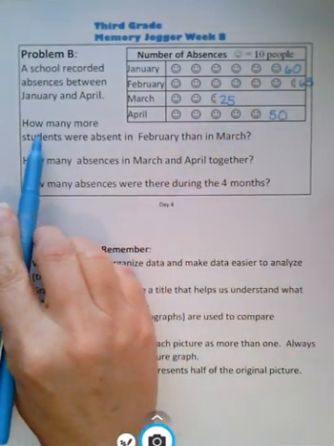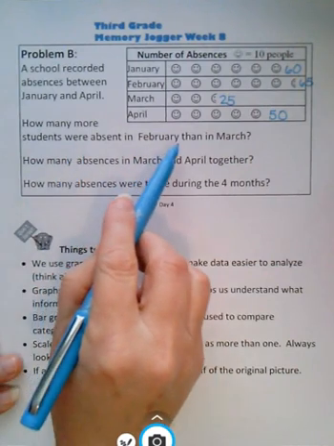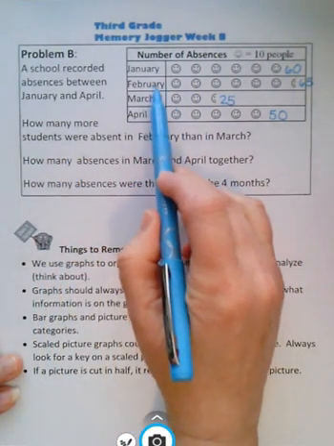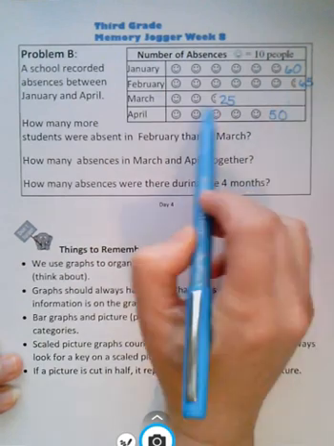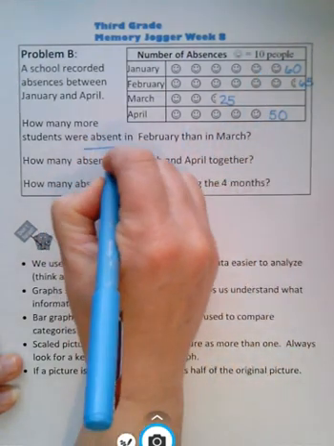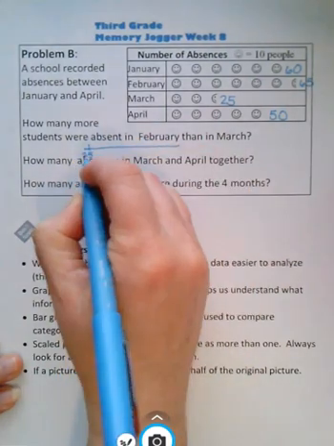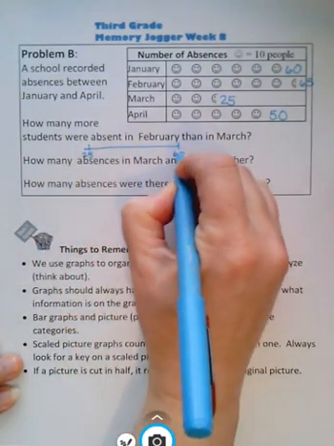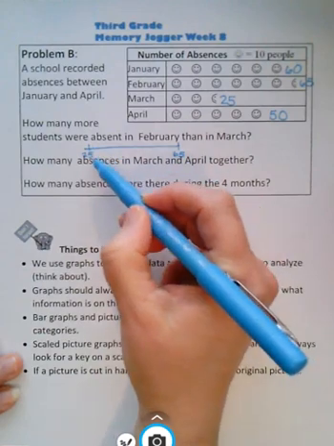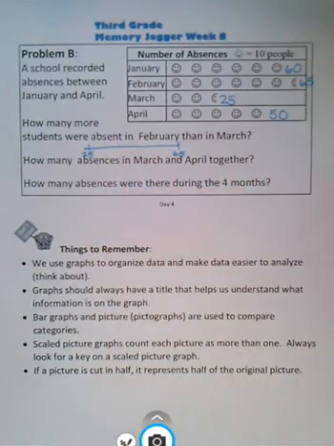Now let's look at our questions. How many more students were absent in February than March? We see February was 65 and March was 25. So we could subtract to compare the difference, or we could even use a number line. Let's use a number line this time, going from 25 to 65. So since they both are 5s, this is going to be an easy jump.